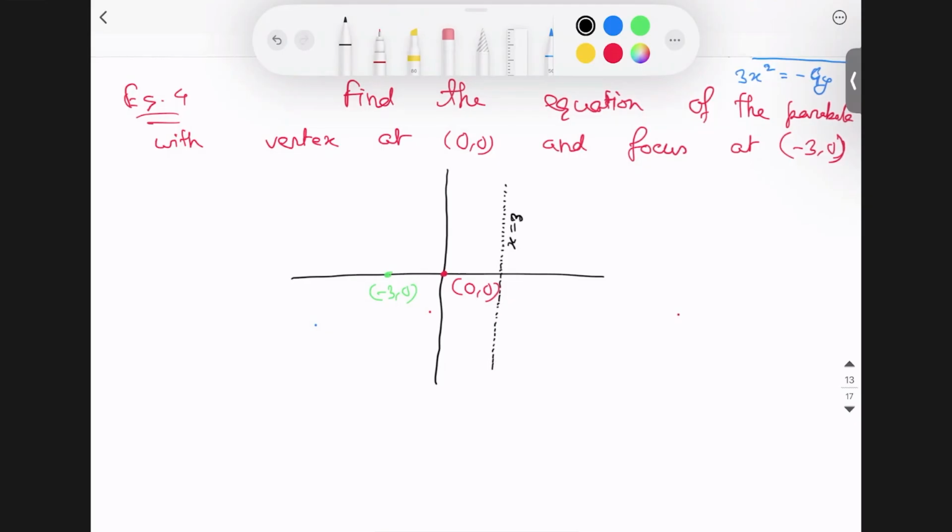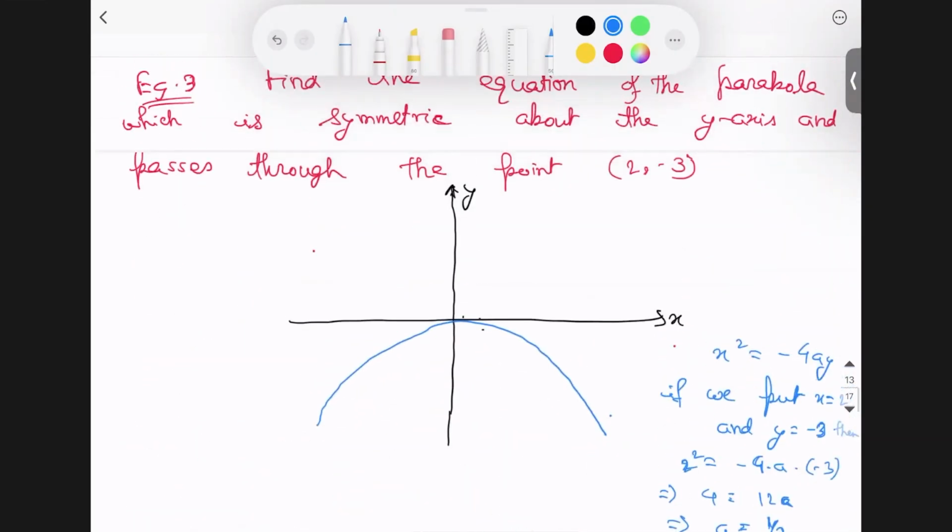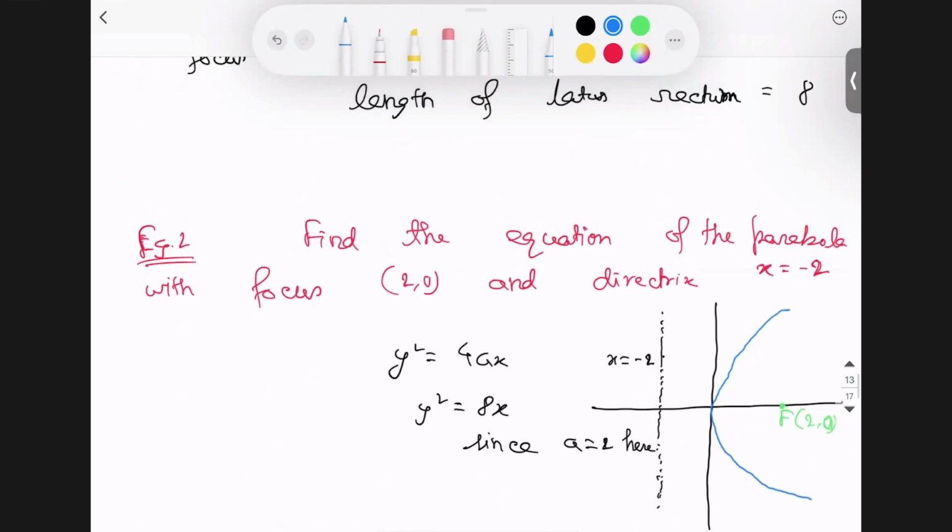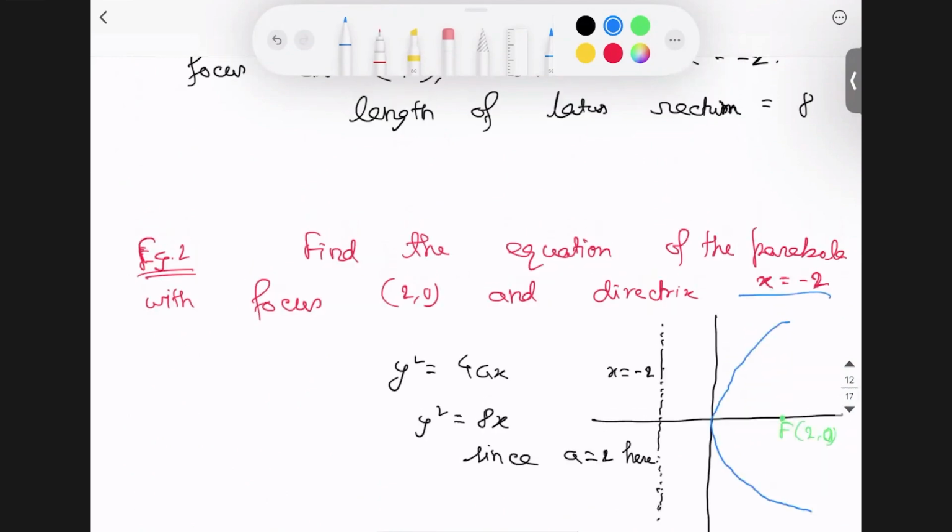Perfect. So if they didn't mention the equation of the directrix, we don't need it.